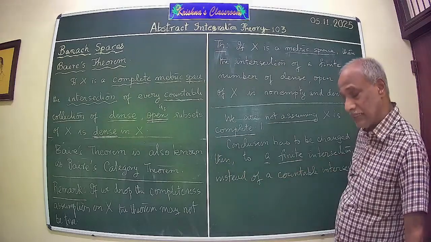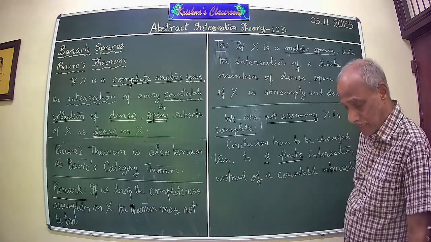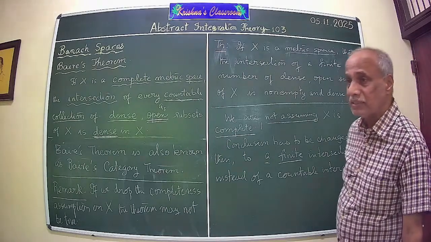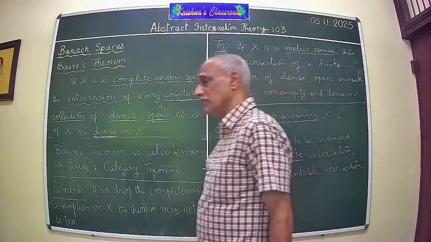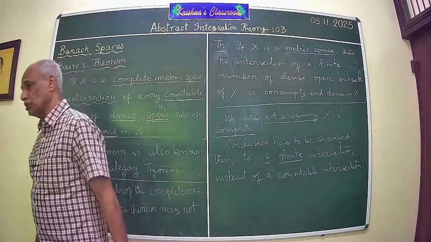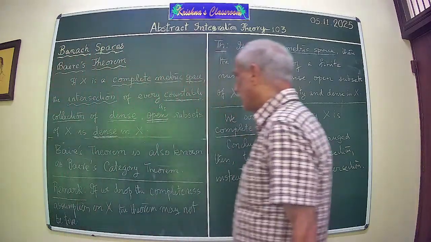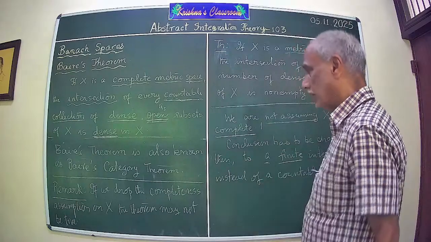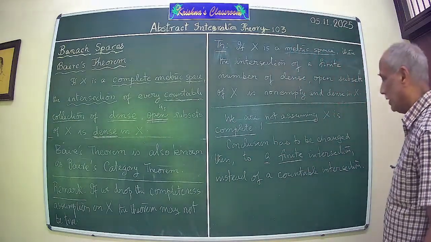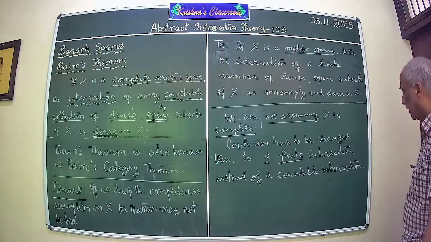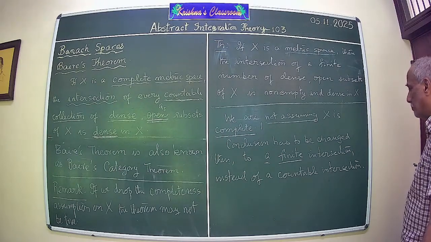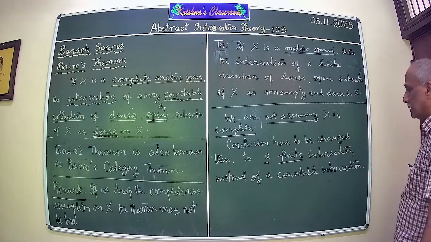You can show that there exists a Cauchy sequence, but the existence of the limit of the Cauchy sequence is not assured. And we have already seen an example of what happens in this case. So this is a finite intersection instead of a countable intersection.